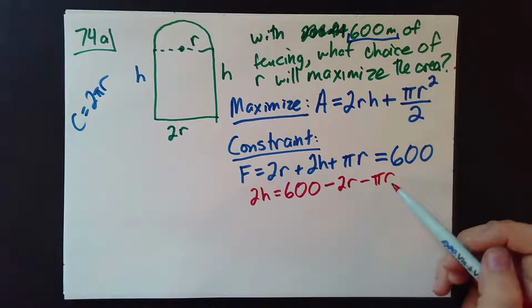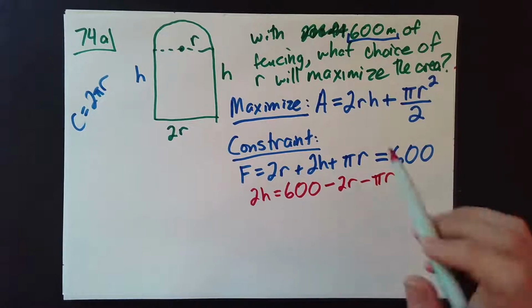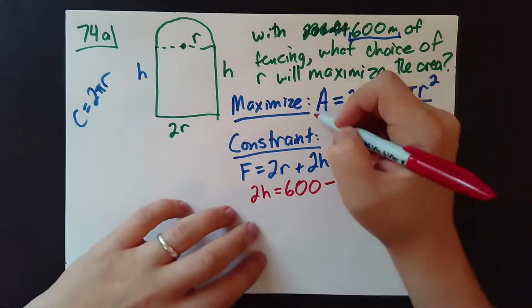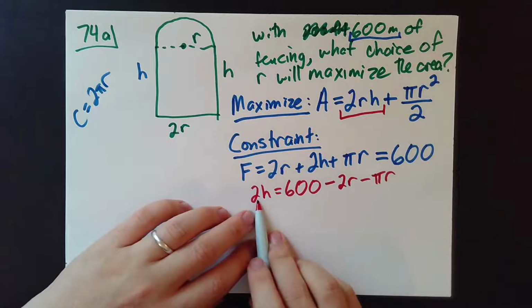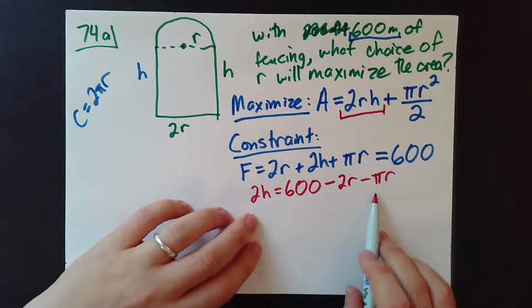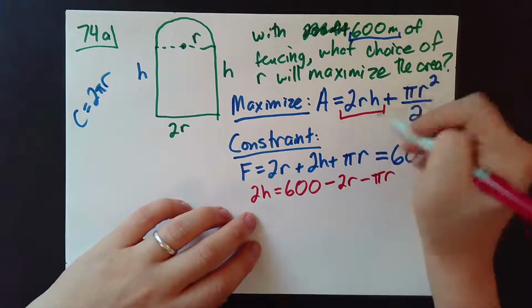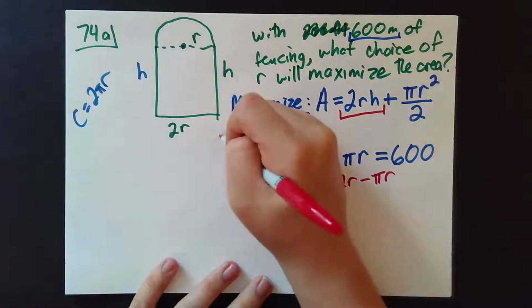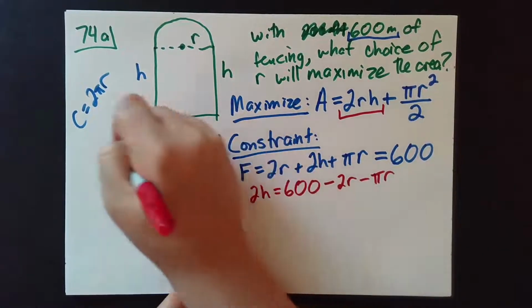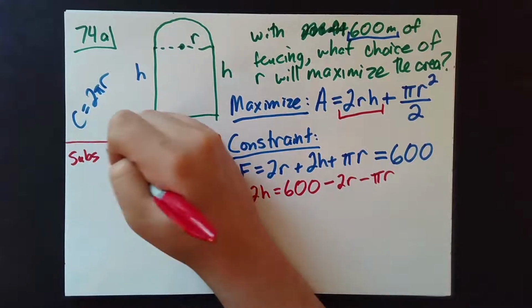And I can plug this in for 2h up here in this formula. If I want, I could solve for h by dividing both sides by 2, but notice I'm immediately going to multiply it by 2 because this is a 2h that's actually in my formula. So I'm just not going to bother dividing, and I'm going to try and keep that in mind. We'll see if I can remember for the 10 seconds it takes me to write out the word substitute.